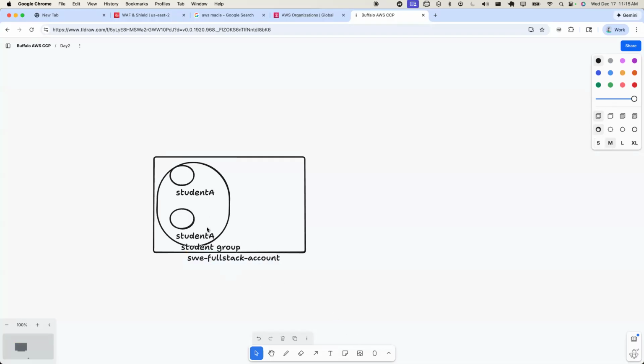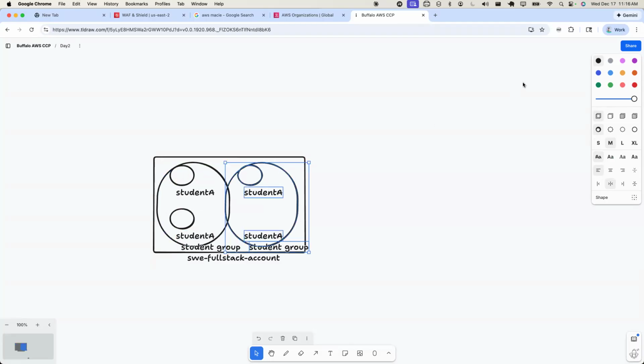And then maybe I have some instructors. Let's make this blue. I've got instructor A and instructor B. So I have users and groups inside an account.